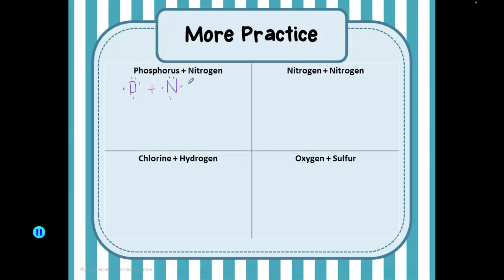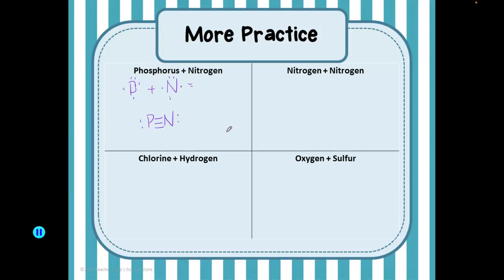So I'm adding these together. So I'm going to have P and N, and they both need 3, so they're going to do a triple bond, and we have 2 additional valence electrons. So 2, 4, 6, 8, 2, 4, 6, 8.